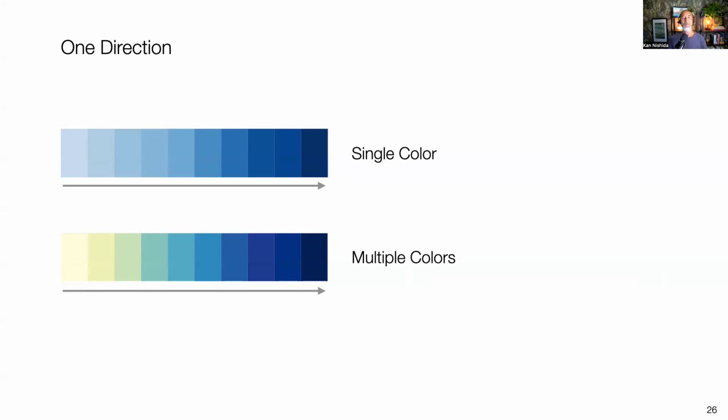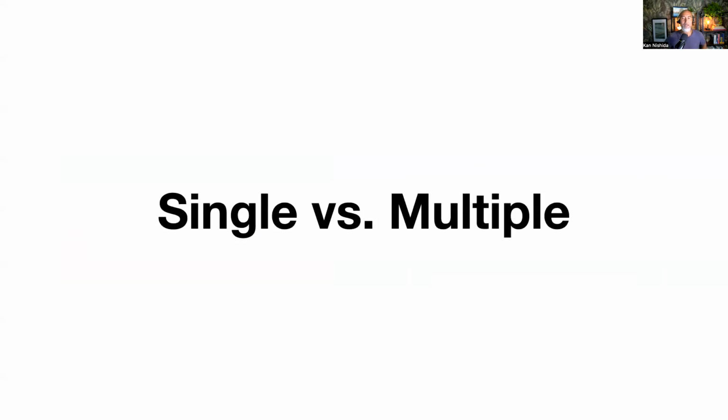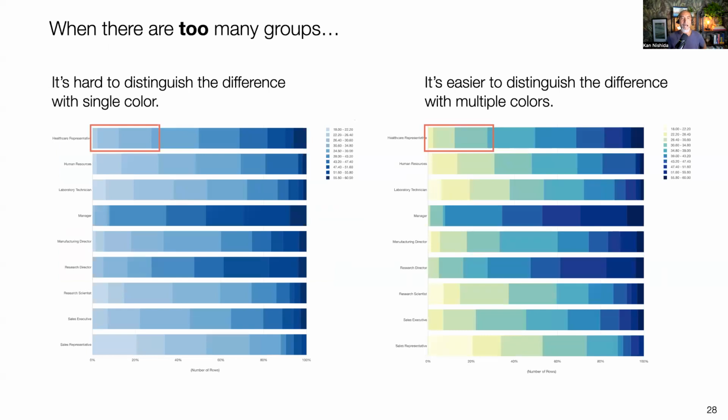So what is single and what is multiple? When do you use multiple, and when single? When you have too many groups, and I'm not sure what too many really means, but let's say you have 10 groups, then one color gradation is kind of hard for human perception.